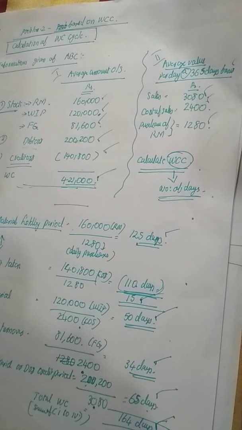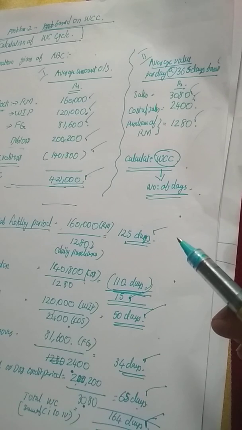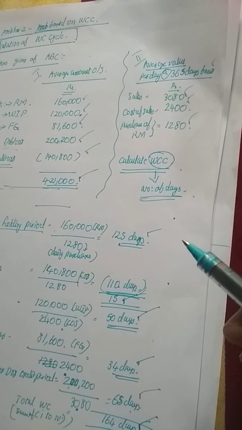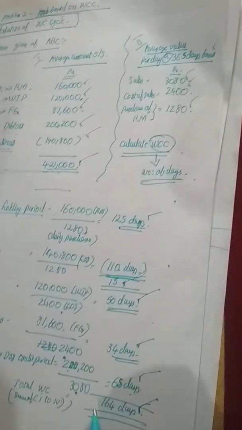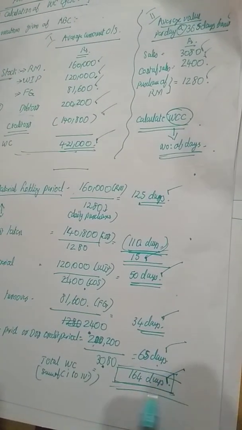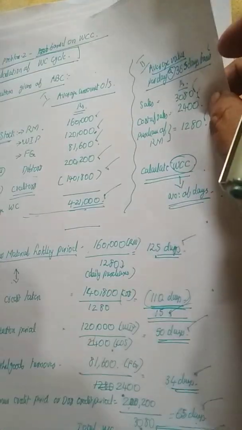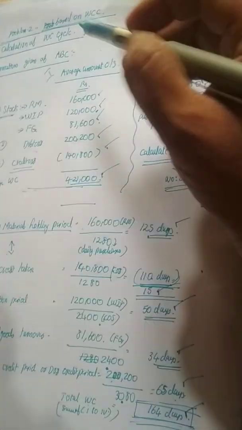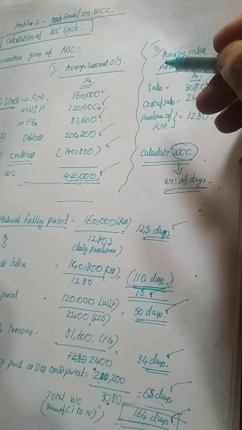We find out the raw material position, the debtors position, finished goods and production cycle, and we will get the total working capital cycle. I will attach the photocopies along with the video notes. So that's all about the second problem, calculation of the working capital cycle in days in the working capital management problems.